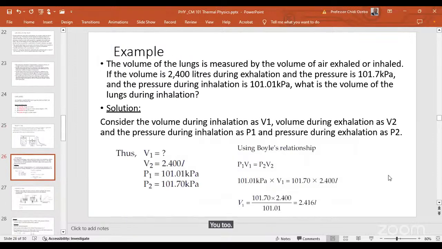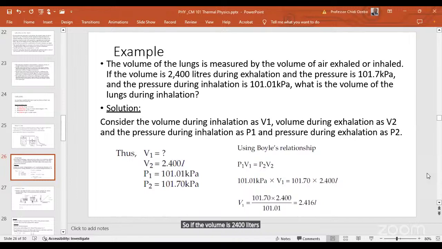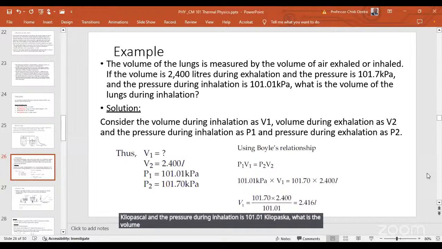An example here: the volume of the lungs is measured by the volume of air exhaled or inhaled. Exhaled, that one you give out, and inhaled, the one you breathe in. So if the volume is 2,400 liters during exhalation and the pressure is 101.7 kilopascal, and the pressure during inhalation is 101.01 kilopascal, what is the volume of the lungs during inhalation?